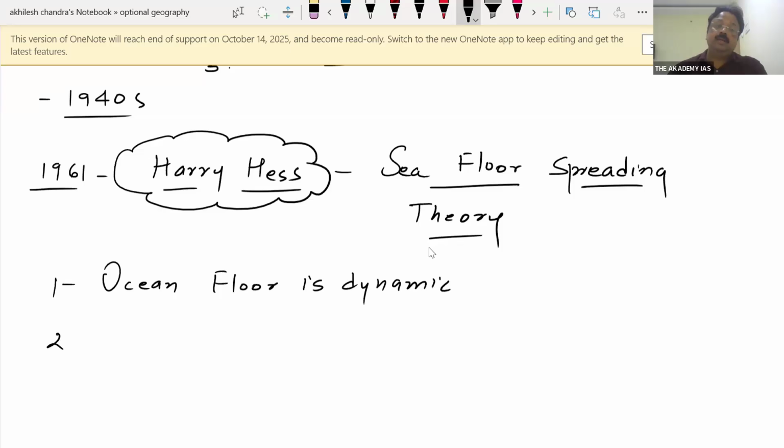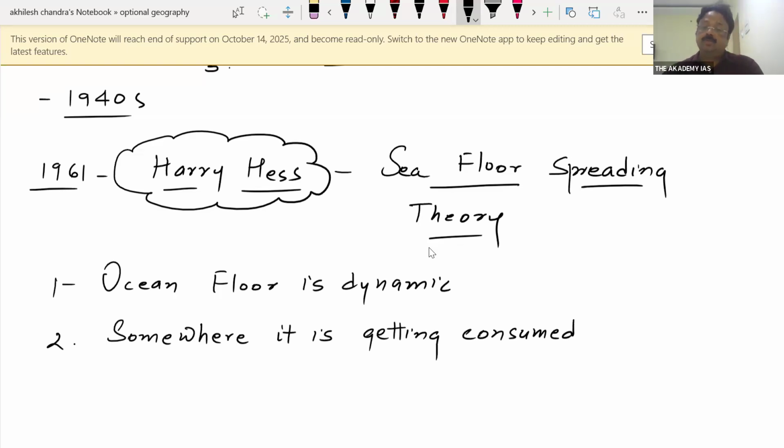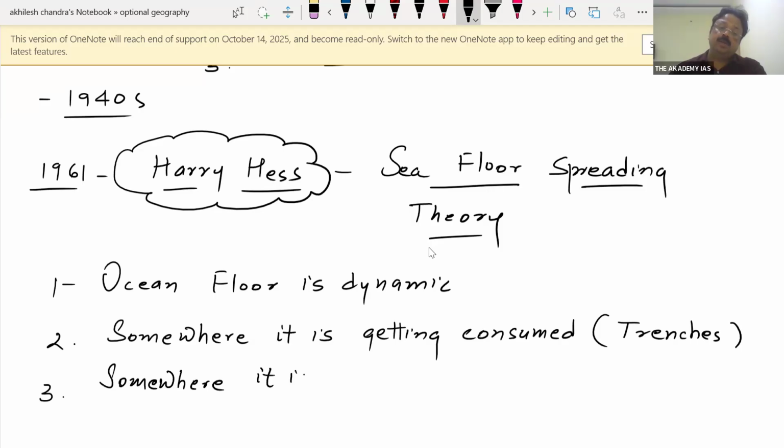Somewhere it is getting consumed, and where is that zone? Near the trenches. And somewhere it is getting reformed.